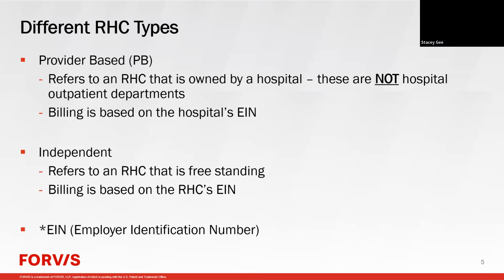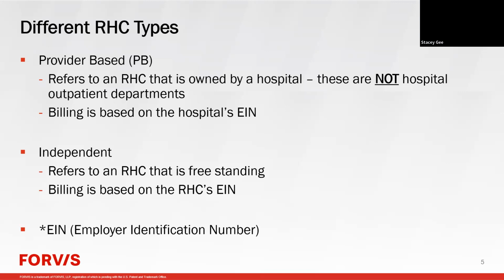So we were just talking about the different RHC types. There's the provider-based. These are clinics that are owned by a hospital. They are not considered hospital outpatient departments. They are a true clinic setting. The billing for these provider-based RHCs is based on the hospital's EIN, which is the federal tax employer ID number.